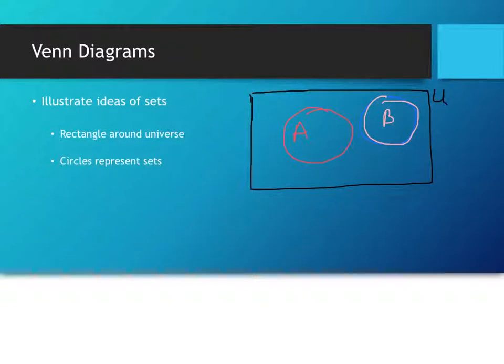Let's call that one B. Maybe some of them do overlap. Let's call a set like this C. Maybe some of them are bigger than others, maybe some are smaller. We may have a set D, which is really big. Most of the time this is drawn with circles, but I've drawn D kind of oval shaped, and you'll see a lot of that when you get more than one set in the drawing.